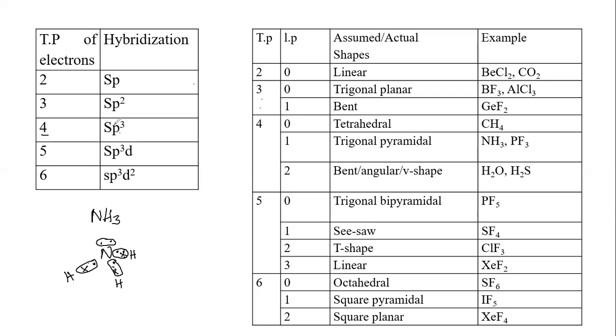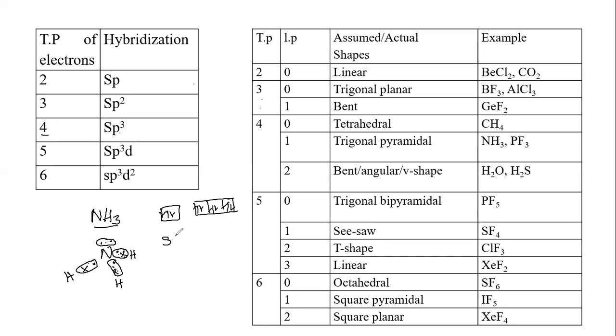One pair of electrons will be in the s orbital, then the remaining 3 bond pairs will be in the p orbitals. So ammonia will be sp3.